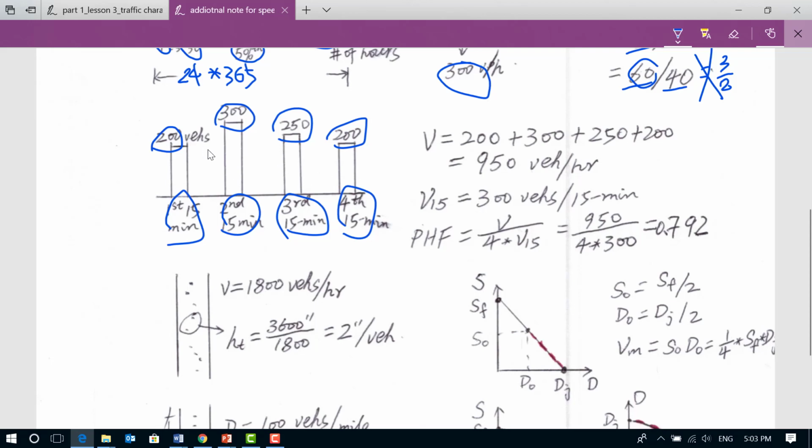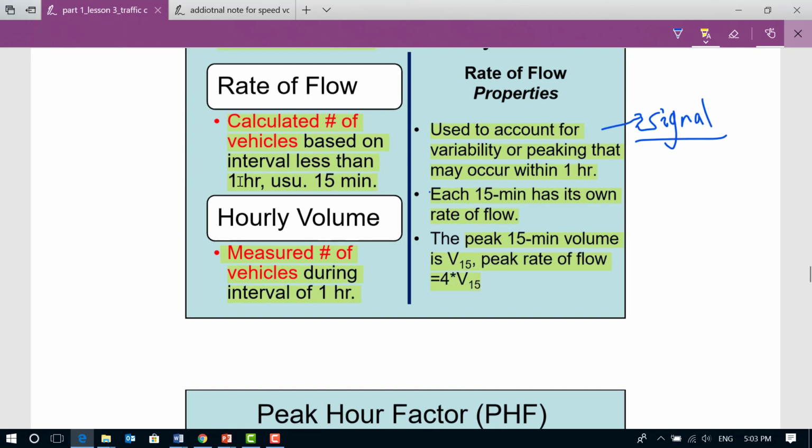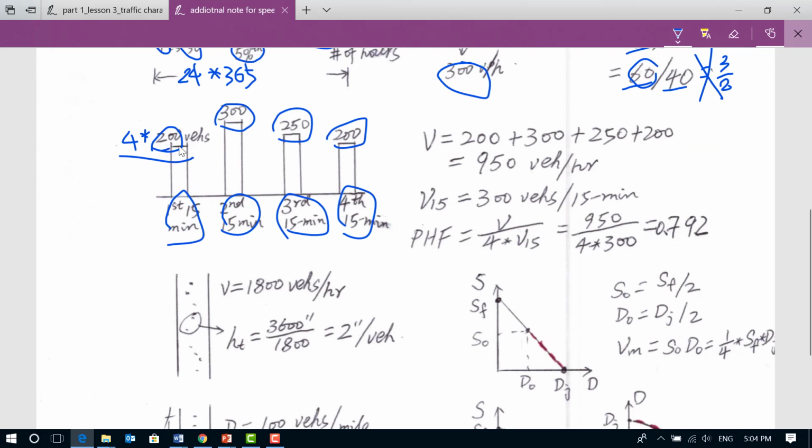So the rate of flow for each 15 minutes is 4 times the 15-minute volume. For the first 15 minutes, the rate of flow is 800, because the rate of flow is the calculated number of vehicles based on intervals less than 1 hour. It's the estimated hourly volume. So with 200 vehicles in 15 minutes, the estimated hourly volume is 800.